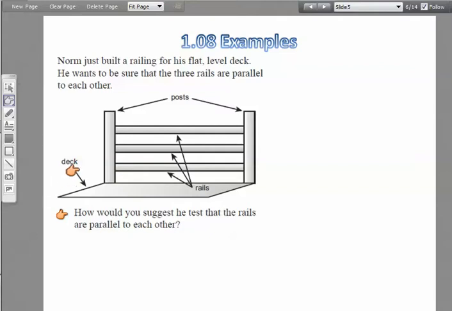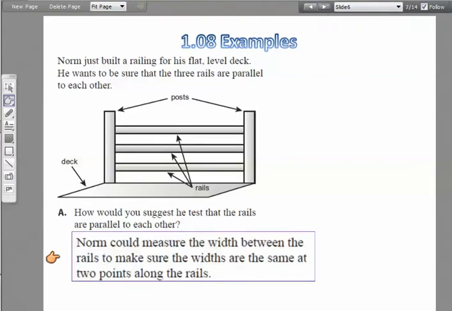Well, this is one of those problems where there's a lot of different ways to tell if they're parallel. But our curriculum tells us that Norm could measure the width between the rails to make sure the widths are the same at 2 points along the rails. So say he took a measure here and he took a measure over here, and if they're the same width between the 2 rails, then they're going to be parallel.